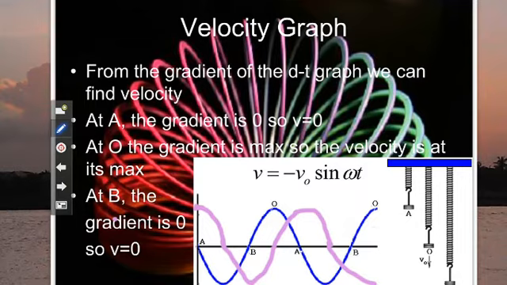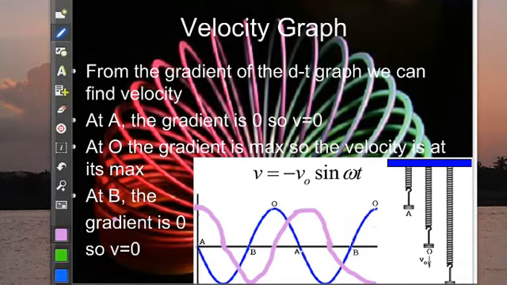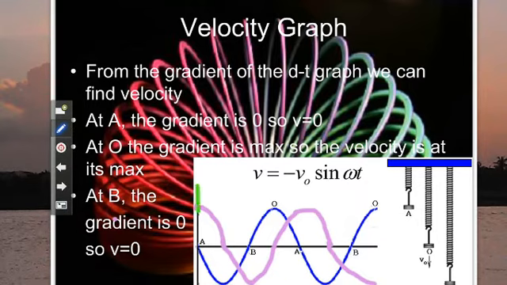And so what you should notice is that when the object is at its maximum displacement, so at t equals 0, for instance, it's at its minimum velocity, so velocity is equal to 0.